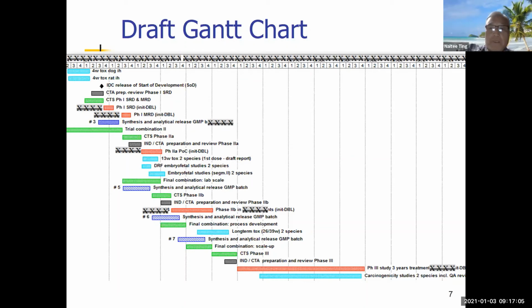All right. So when we say CTS, which is clinical trial supply, what is clinical trial supply? Those are the drugs.